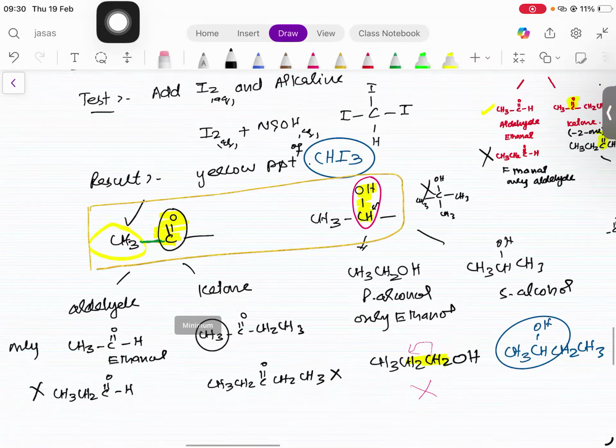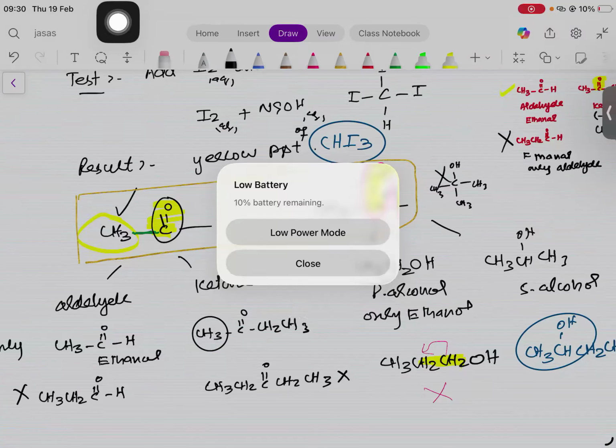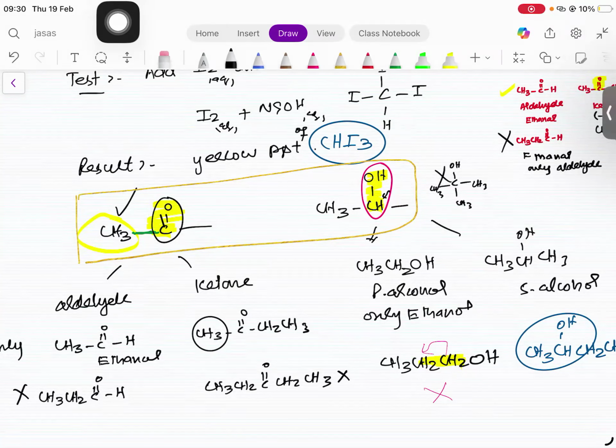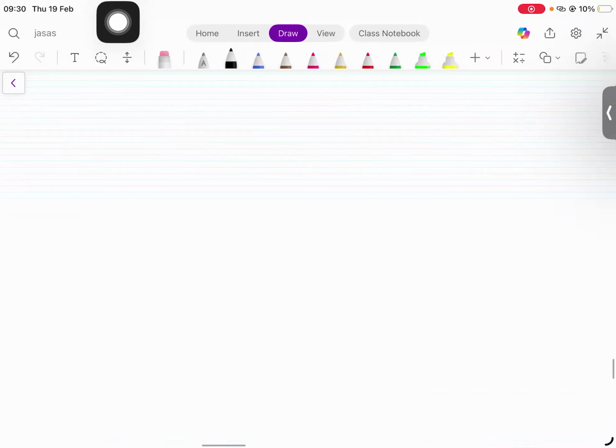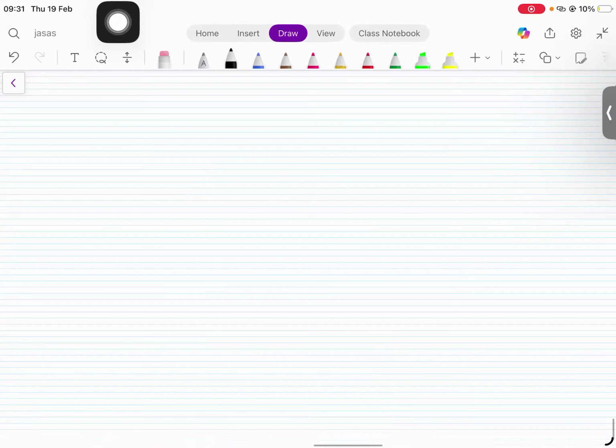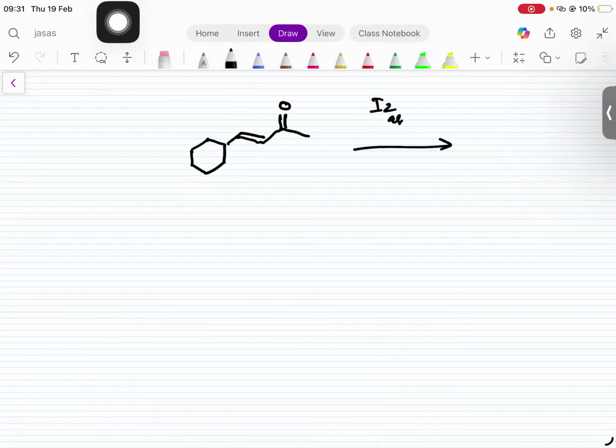Is it clear now? Now, if I ask you, for example, I am not explaining the chemistry behind it right now, if I ask you, for example, that this is a compound, and I added I2 aqueous alkaline, what happens?